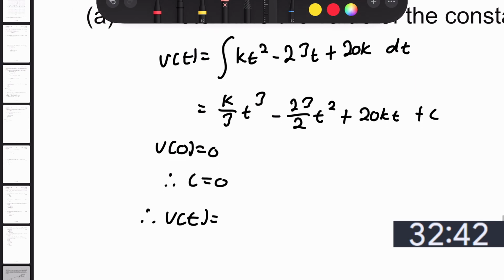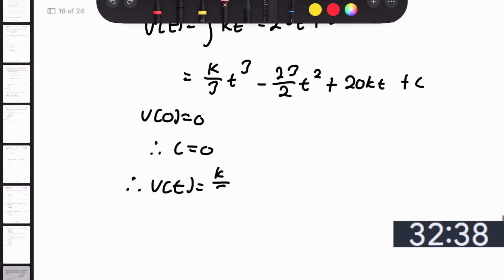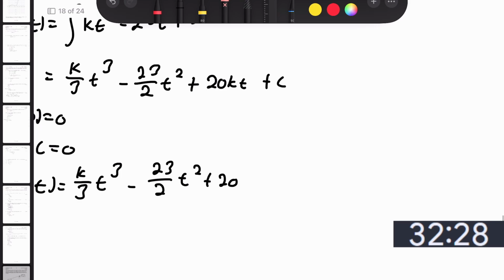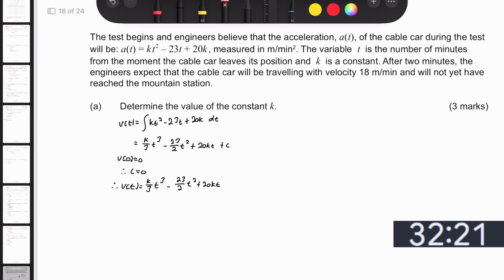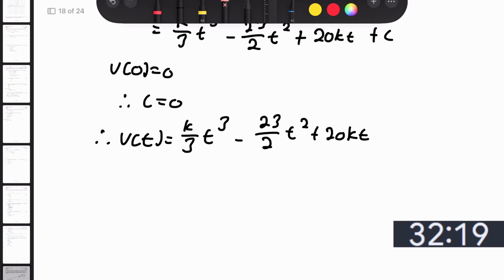Therefore v of t is k on 3 t to the power of 3 minus 23 on 2 t squared plus 20kt. Then 2 minutes, so v of 2 is going to equal 18.